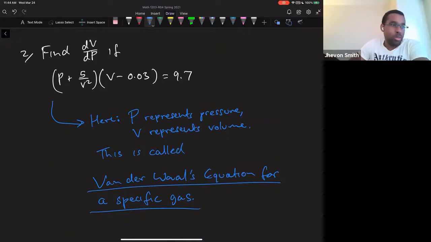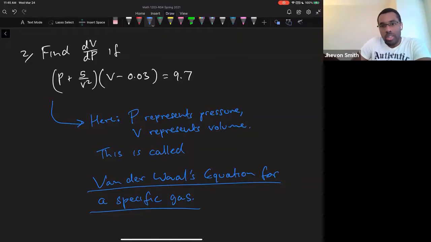But sometimes implicit differentiation is important because when you discover some sort of relationship in the real world, sometimes it comes to you in implicit form. You just know that the variables mix together to make this happen, right? You can't really isolate one in terms of the other, but you know that if you mix things in a certain way, this is the result. And so I just wanted to give you an example of that.